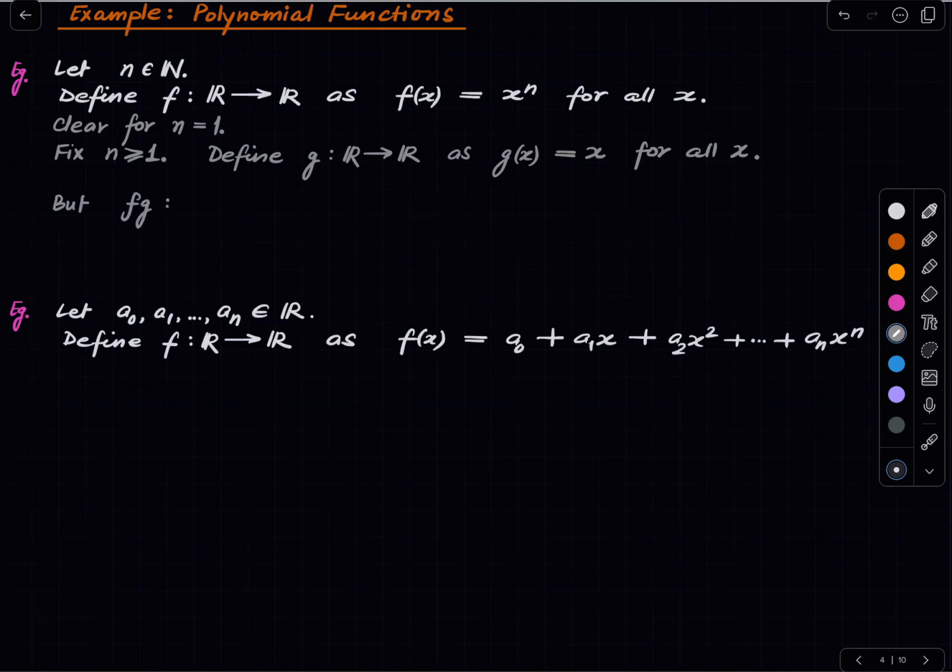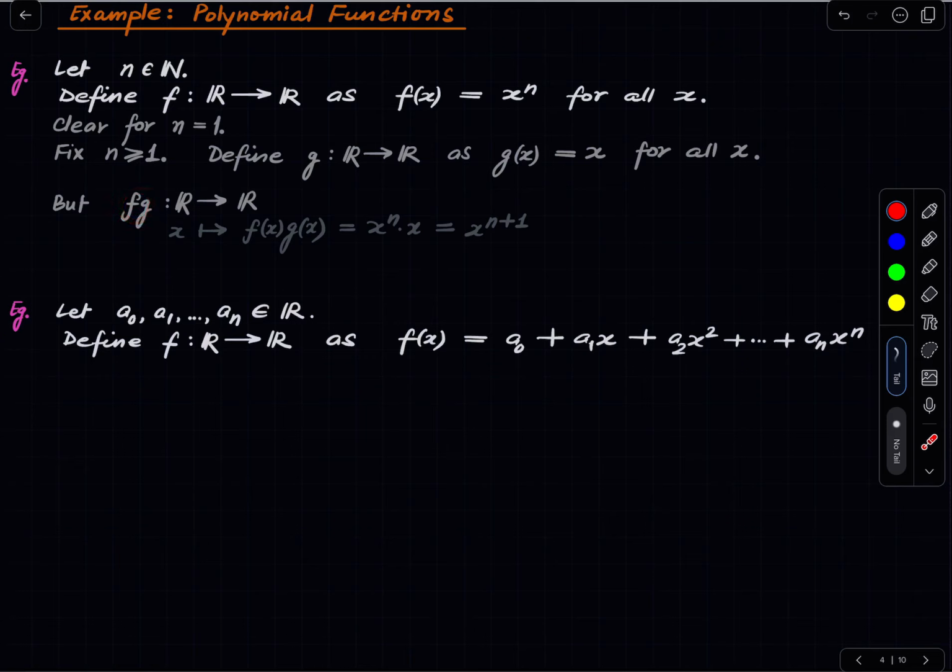The product. fg takes little x to f(x) times g(x), which is x to the n times x, that thing, right? But by what we discussed, the algebra of continuity, since f and g are continuous at every point, fg will also be continuous.